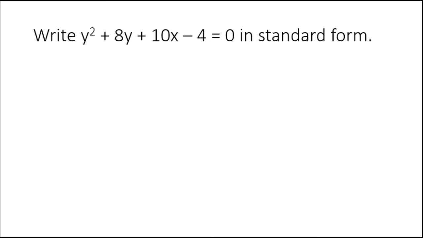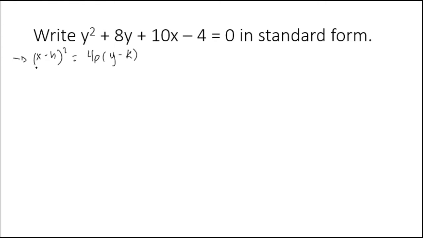So we know that in parabola, we have standard form and general form. So what are they? For the standard form, we have (x minus h) squared equals 4p times (y minus k). We will use this one if our leading coefficient is x squared.